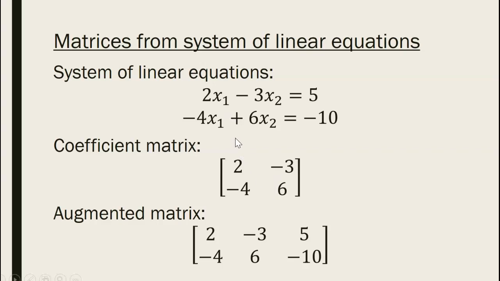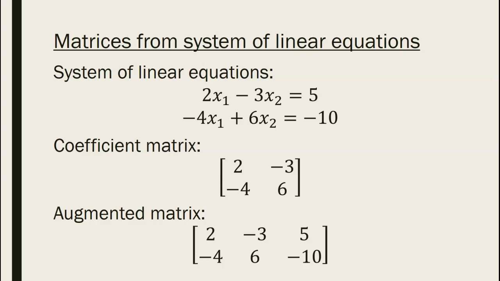Notice that when we write this, it only makes sense when these things are lined up. So each column is going to represent one of our variables. And traditionally, the first column represents the variable x1. The second column represents the variable x2.